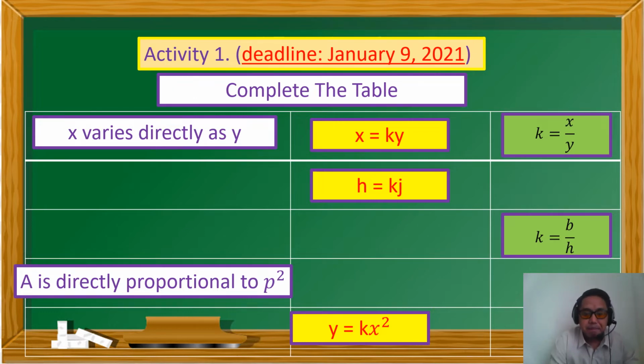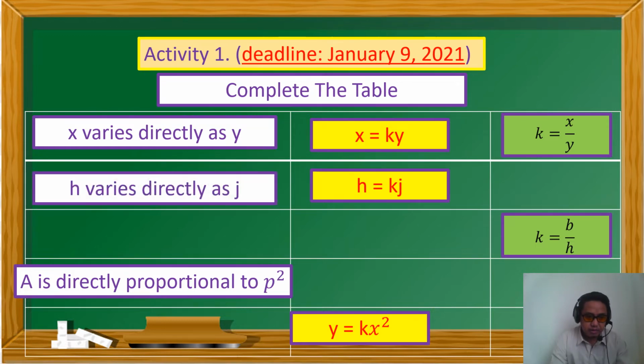All right. Then on number 2, we have h equal to kj. In sentence, h varies directly as j. And the constant will be the quotient of h and j, that's k is equal to h over j.